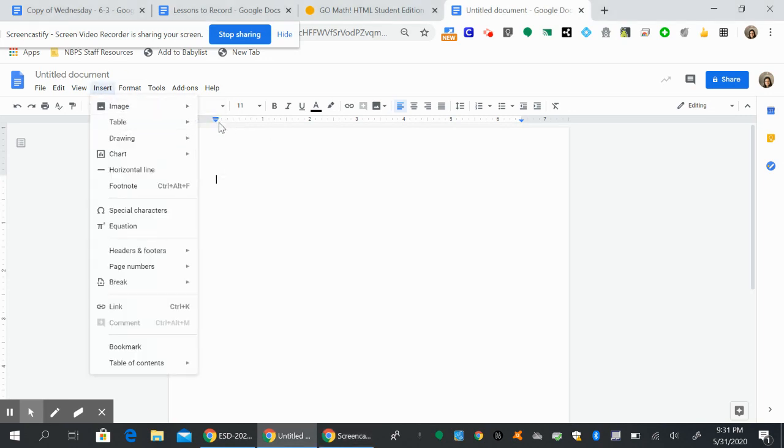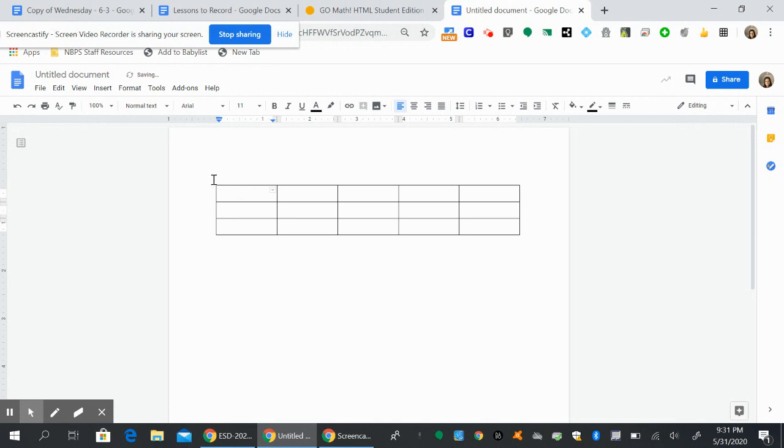I'm going to insert a table, like that for now. Every graph needs a title. Now let's do, how about, what is your favorite toy?